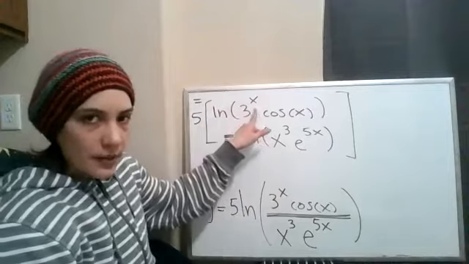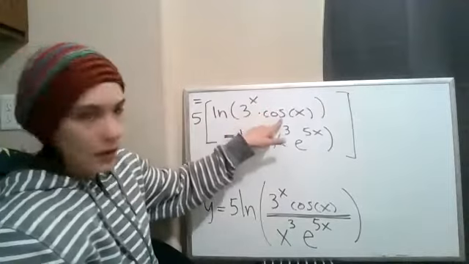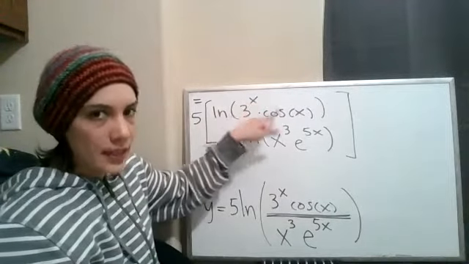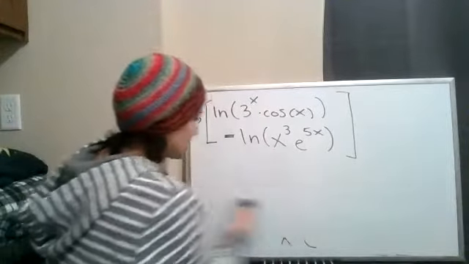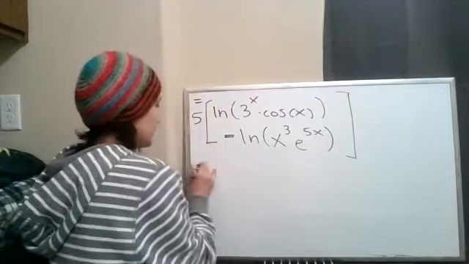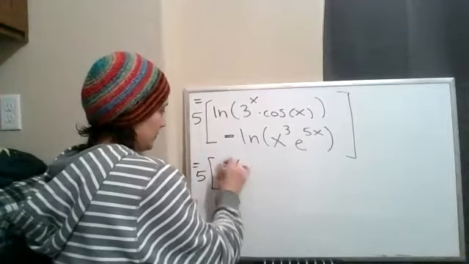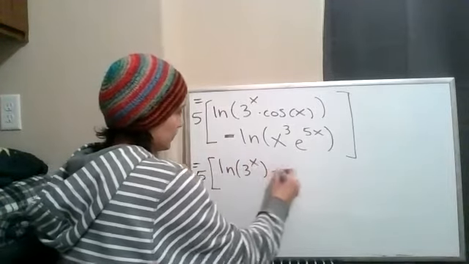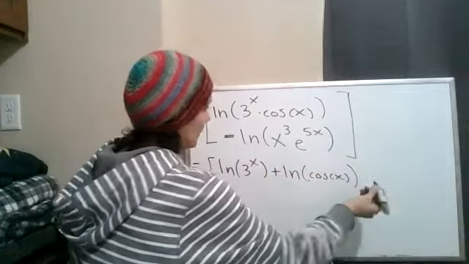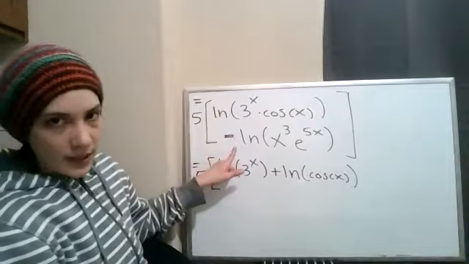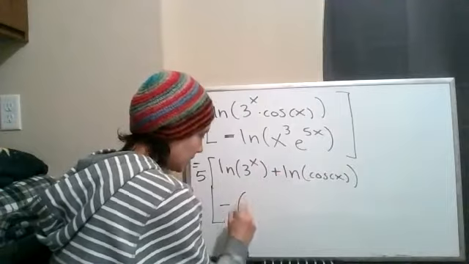Then we're going to have this 3^x multiplied with cosine of x be ln of 3^x plus ln of cosine x. Okay, and then subtract, let's just split this as one piece.